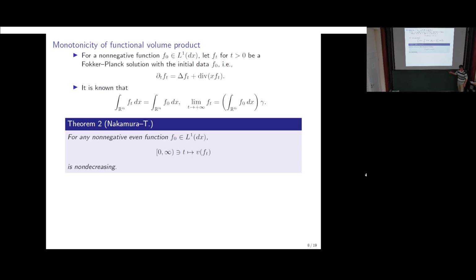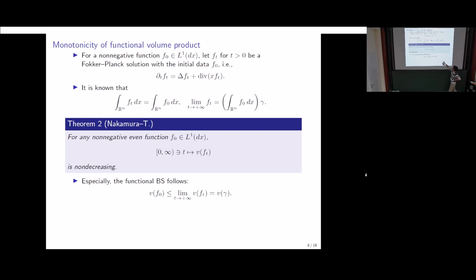Then if we consider this solution, we can show that the volume product is not decreasing if the initial data is even. More precisely, this quantity is non-decreasing. And actually, if you believe this monotonicity, you can obtain the Blaschke-Santaló inequality easily.